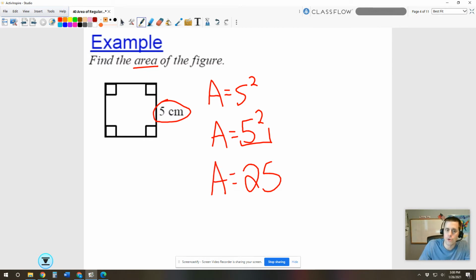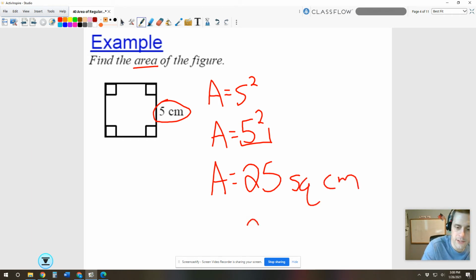Now it's very important to label your area correctly. In our initial problem, or our initial square, each side was measured in centimeters. And because area is a measure of square units, in this particular example, the area would be 25 square centimeters.